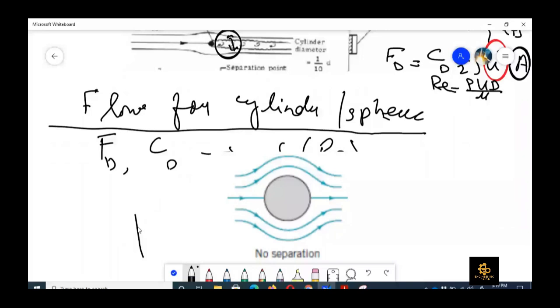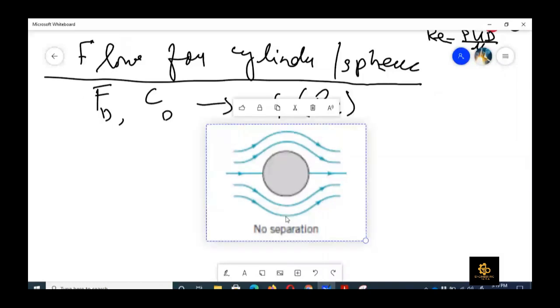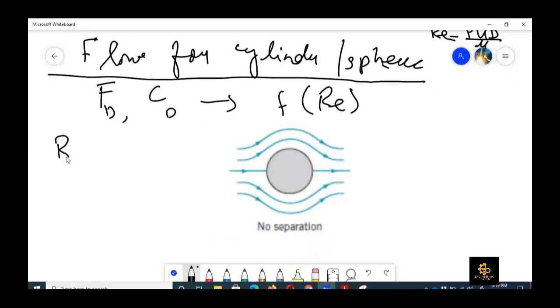Okay, so this figure is for the Reynolds number which is less than 1. So it means that this is kind of very creeping. We call it creeping flow. So it means that flow velocity is very less.